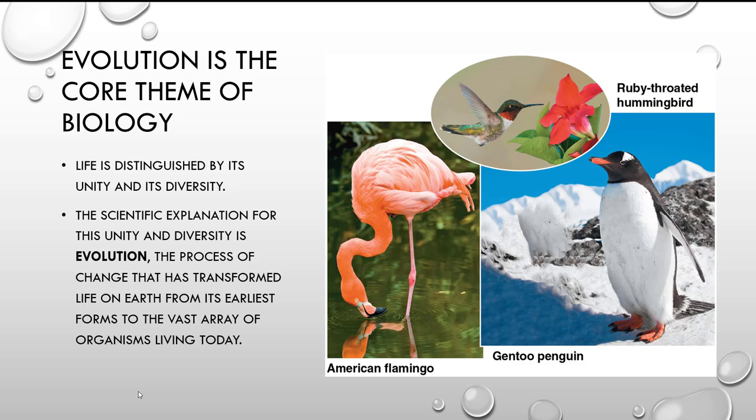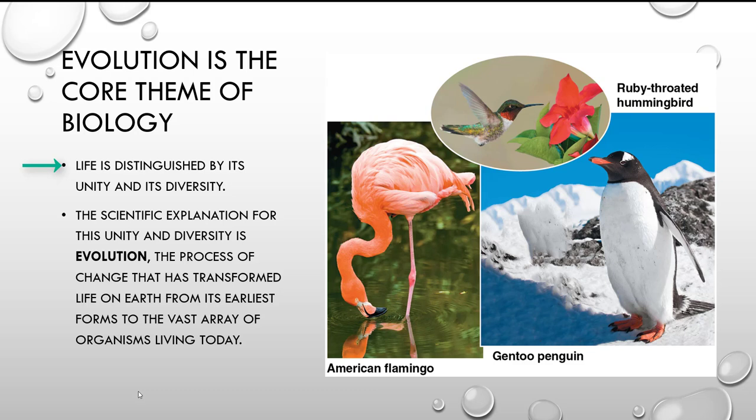So evolution, when we're talking about all the living things on Earth, we can look at it and see similarities. We already described that all living things basically have just two types of cells, either a prokaryotic cell or a eukaryotic cell. So it's distinguished by its unity, but it's also distinguished by its diversity.